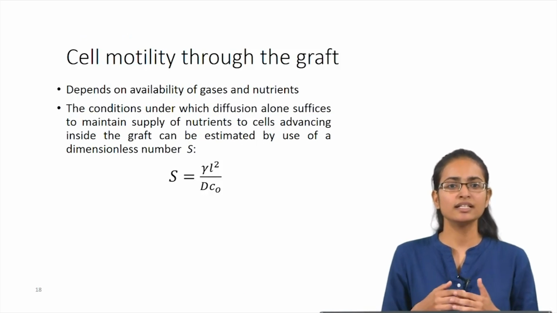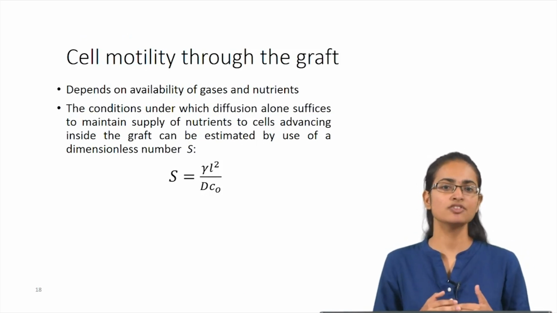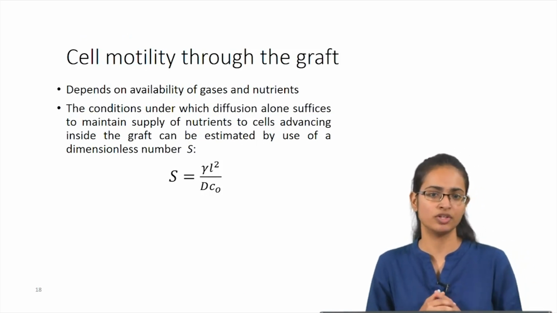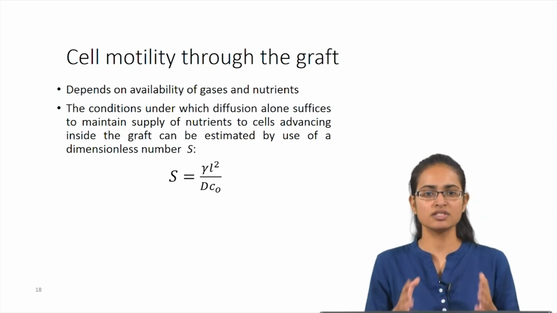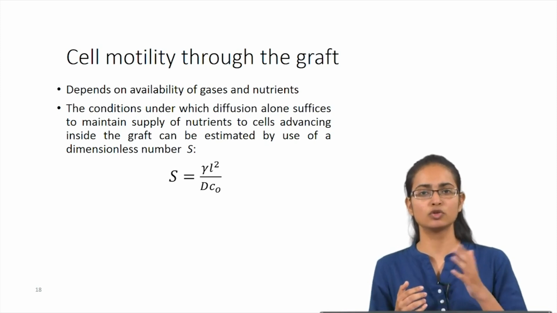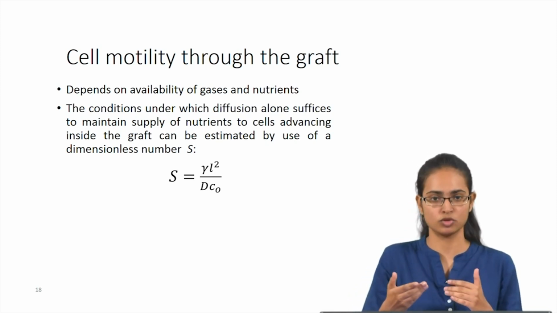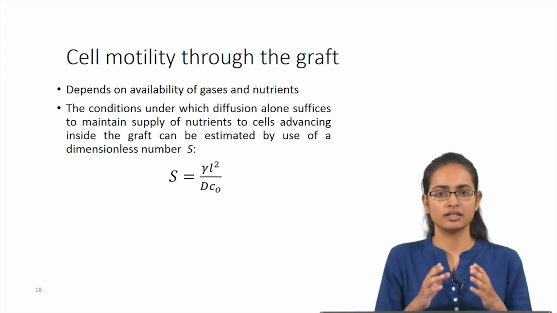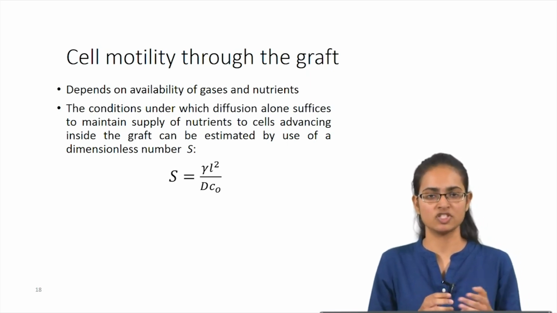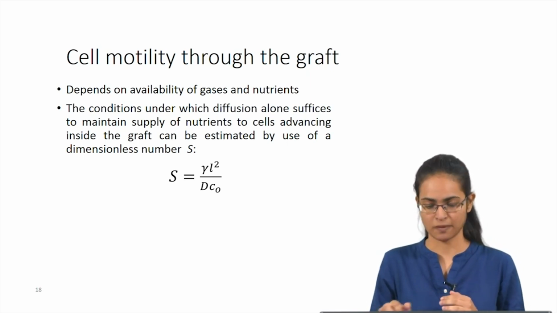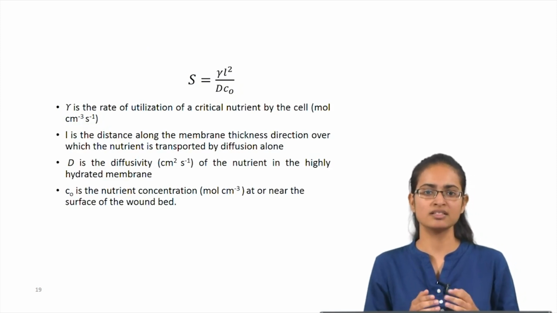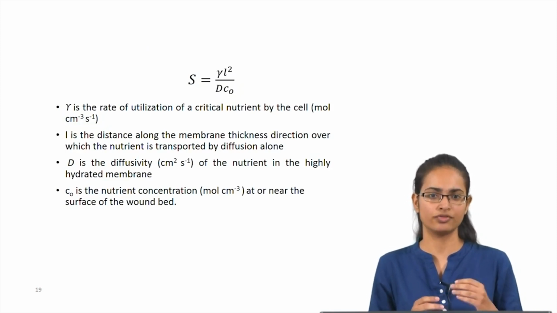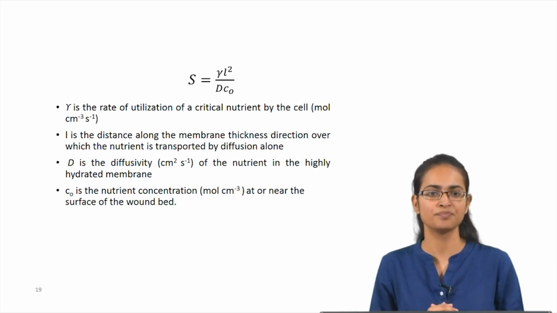Cell motility through the graft depends on the availability of gases and nutrients. So, the conditions under which diffusion alone suffices to maintain the supply of nutrients to the cells that are advancing through the graft is estimated using a dimensionless number S. In this equation, gamma is the rate of utilization of a critical nutrient by the cell.